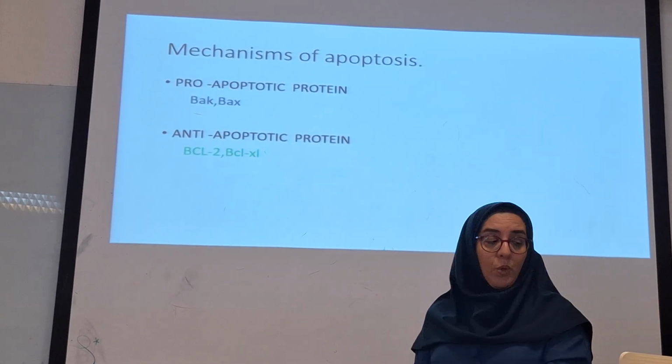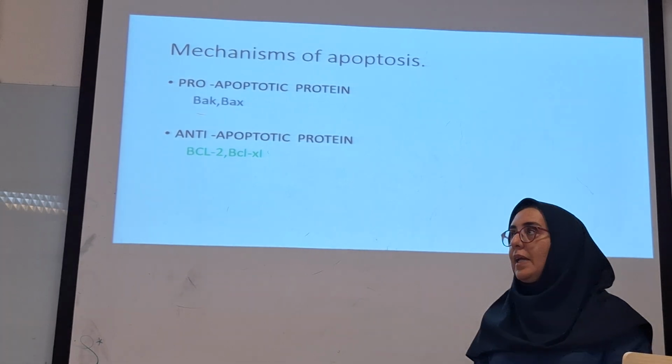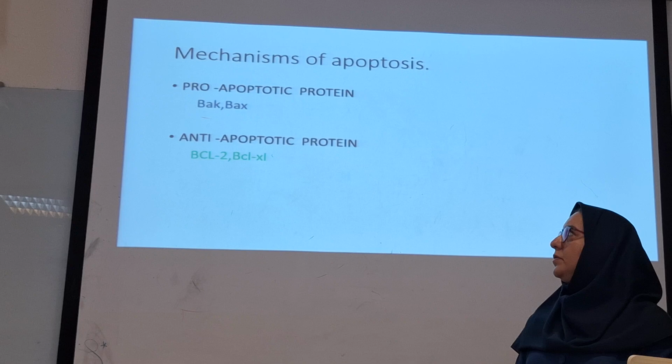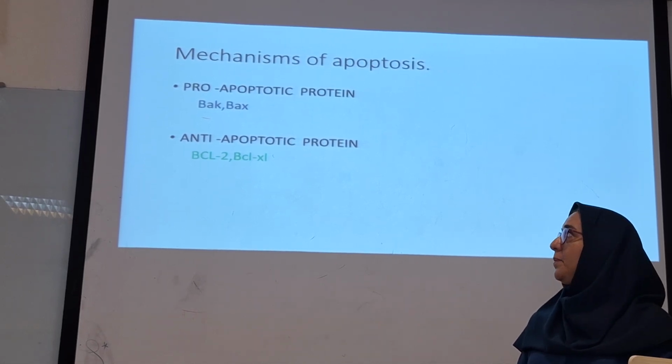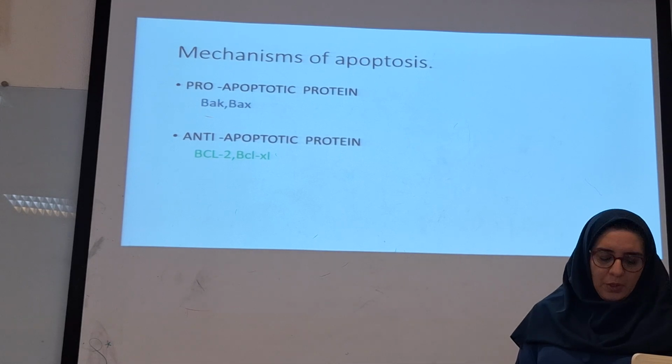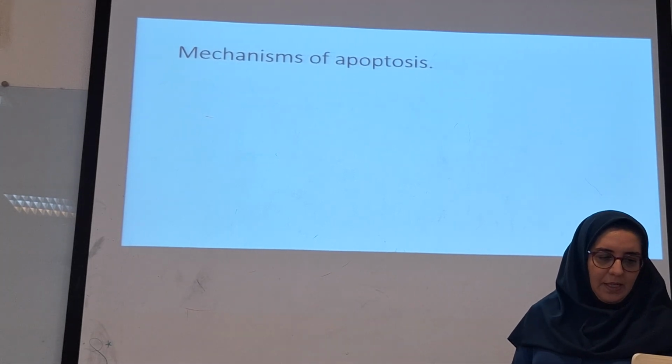So we have pro-apoptotic proteins and anti-apoptotic proteins, all of the BCL2 family: pro-apoptotic BAX and BAK, anti-apoptotic BCL2 and BCL-XL.